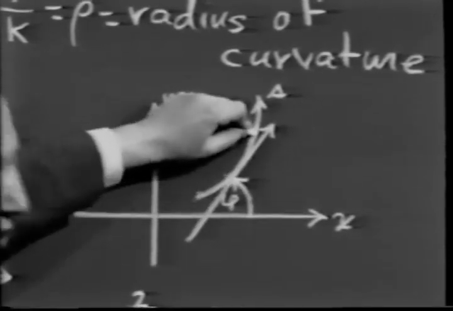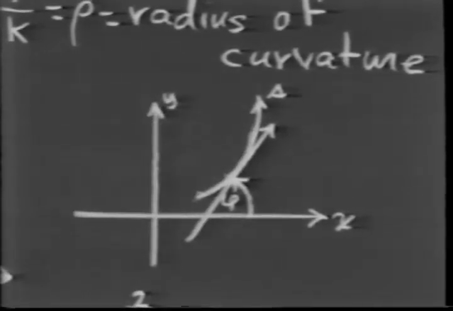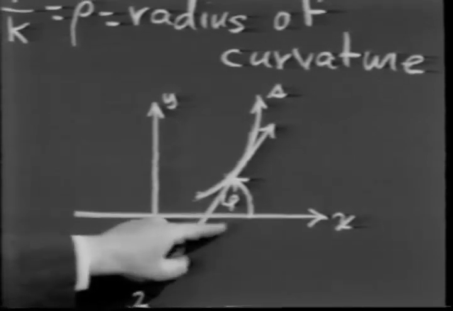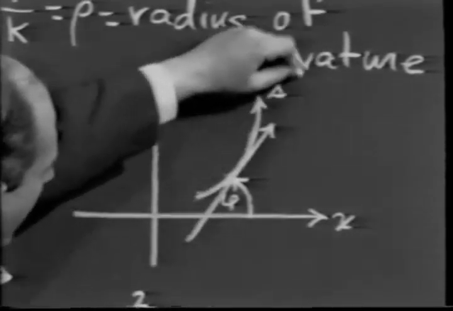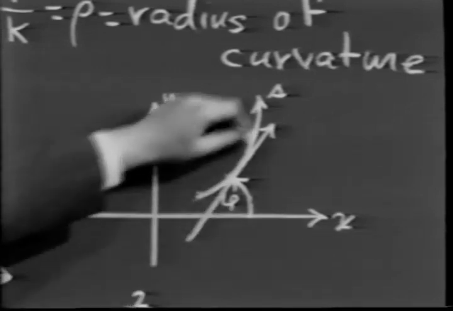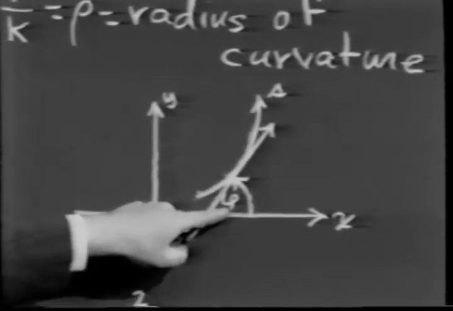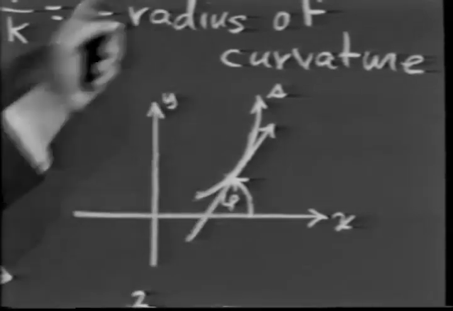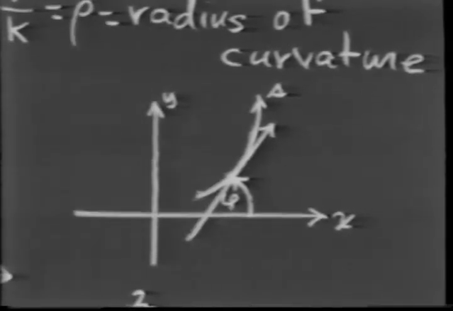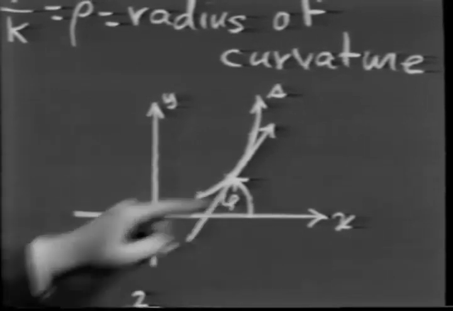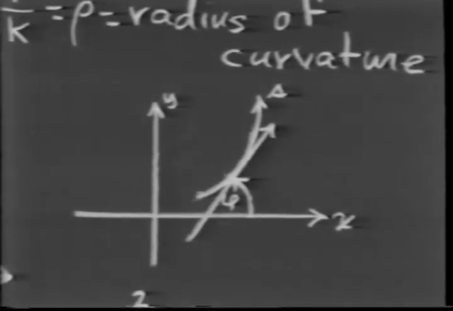As phi changes as you move along the curve, that's measuring how your curvature is changing. As an extreme case, notice if the curve were a straight line, d phi ds would be 0, right, because phi would be a constant. The curvature of a straight line should be 0. At any rate, one defines d phi ds to be the curvature.